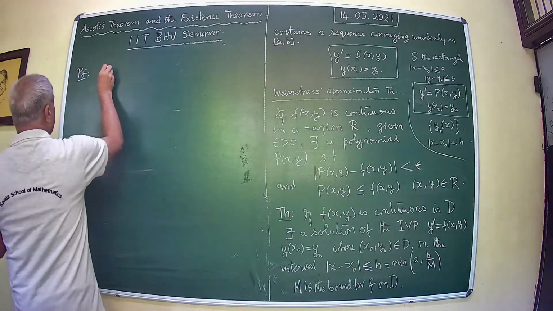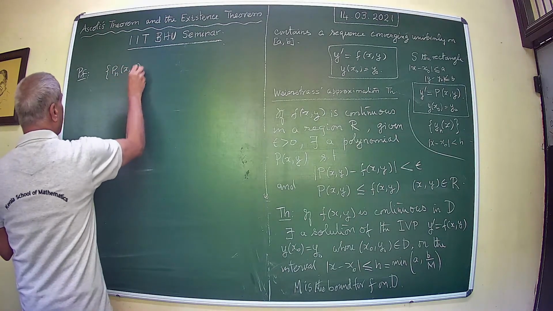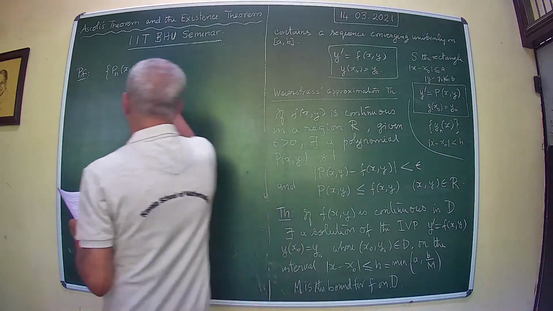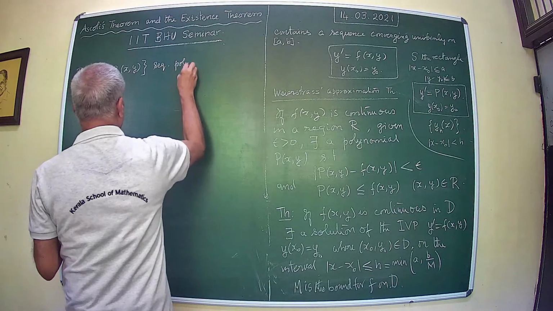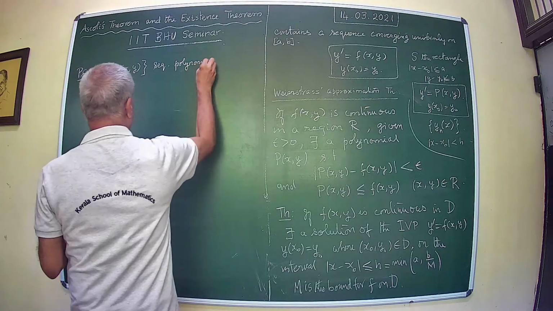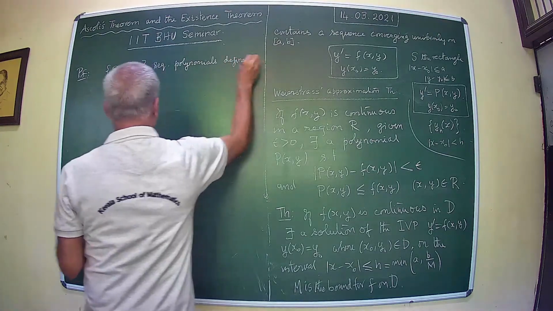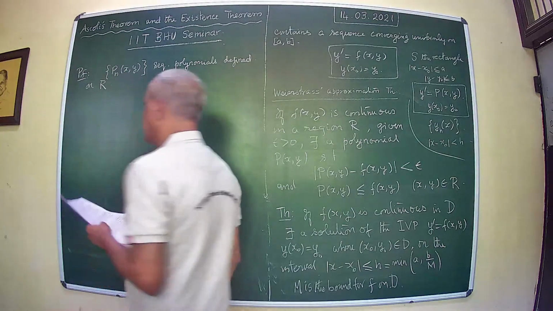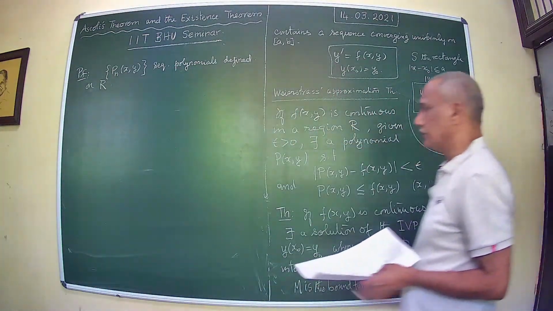What we do is we take Pn of xy as a polynomial sequence. This is a sequence of polynomials. R is the rectangle, mod x minus x naught less than or equal to a, mod y minus y naught less than or equal to b.